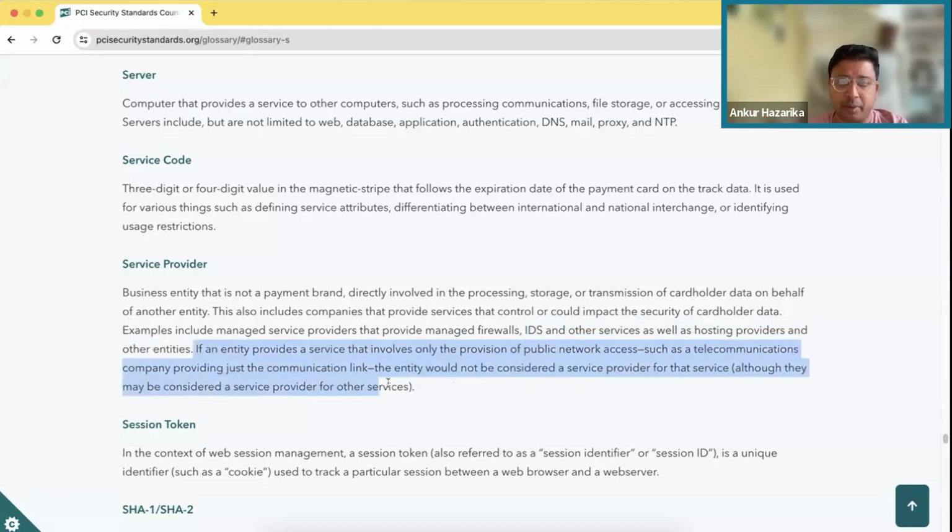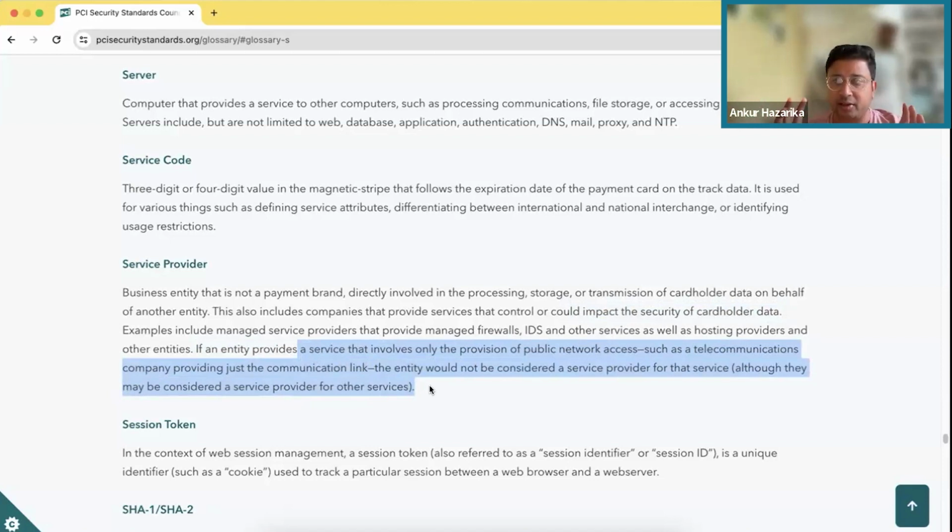What they are saying is that in the earlier example, the firewall literally impacts the security of cardholder data in your environment, and I, as a managed security service provider, am managing that firewall for you. So I become a service provider because it impacts the security of cardholder data. See the highlighted part. But if it's a public network access telecommunications line that does not directly touch the cardholder data environment that your company hosts, then I'm not eligible to be a service provider in this case.